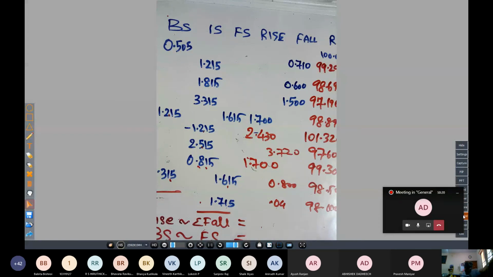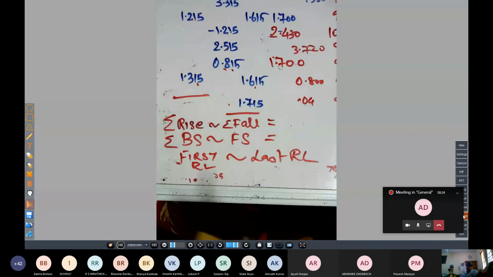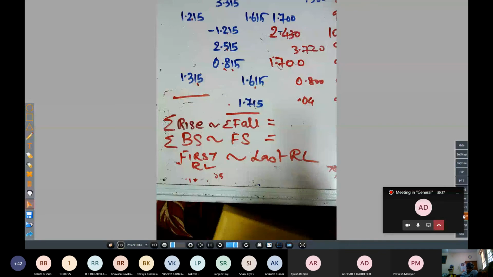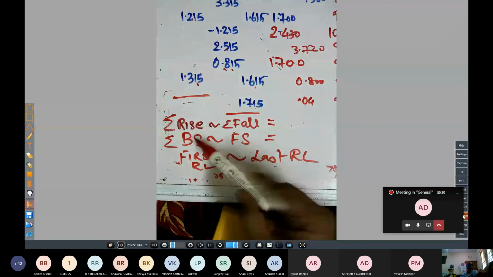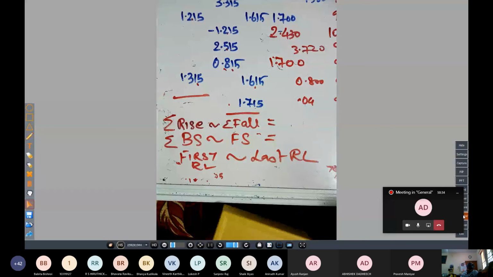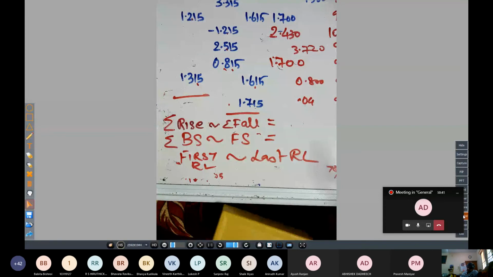So this is the way a level field book you can reduce it. Add BS full, add FS full, find out the difference, add rise full, add fall full, find out the difference. That should be equal to first RL minus last RL.